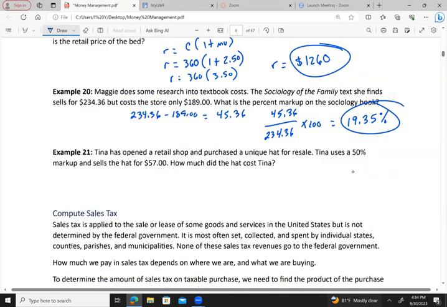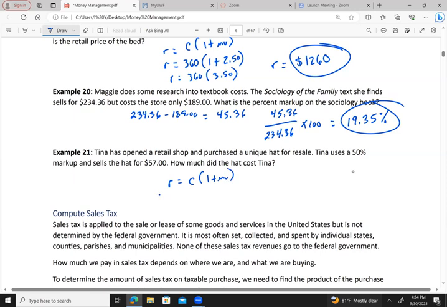Tina has opened a retail shop and purchased a unique hat for resale. Tina uses a 50% markup and sells the hat for $57. How much would the hat cost Tina? So retail equals cost times 1 plus the markup.